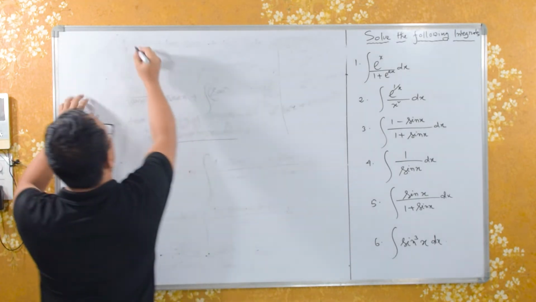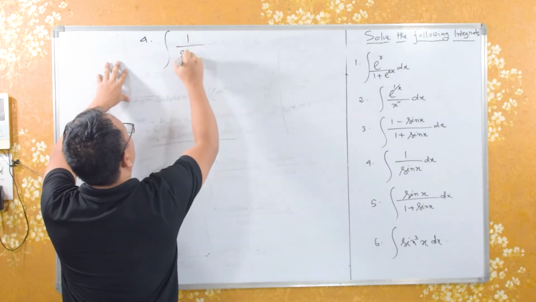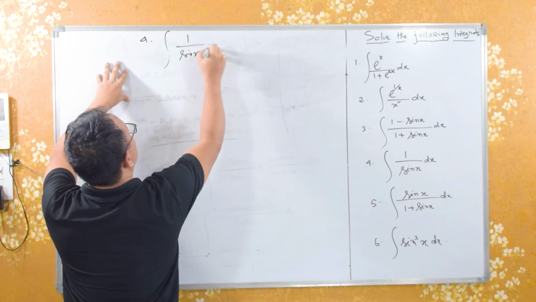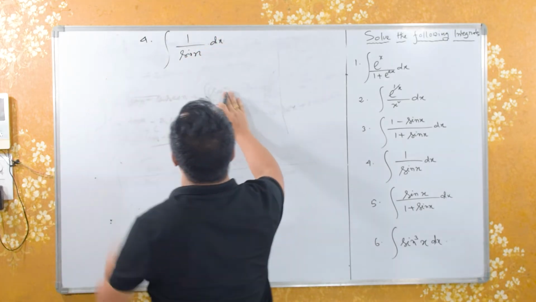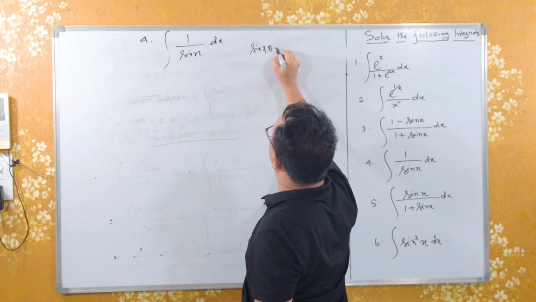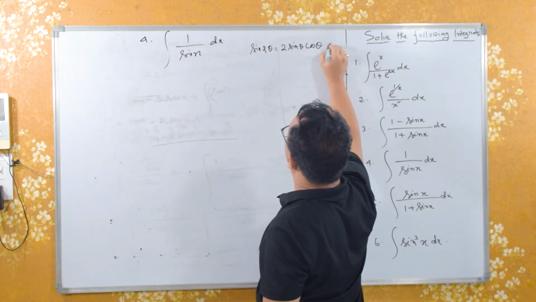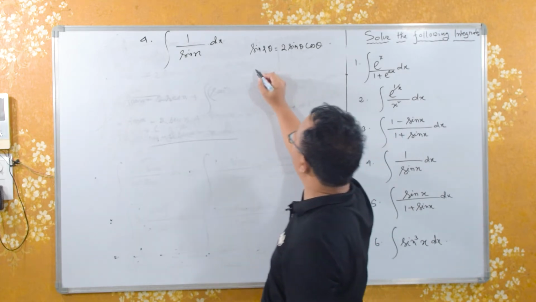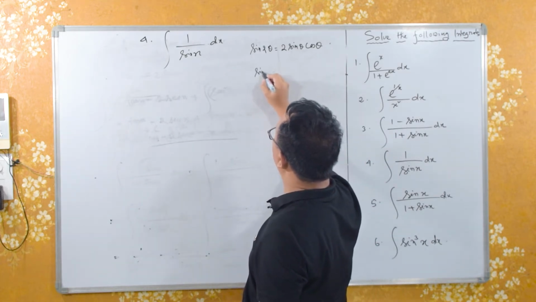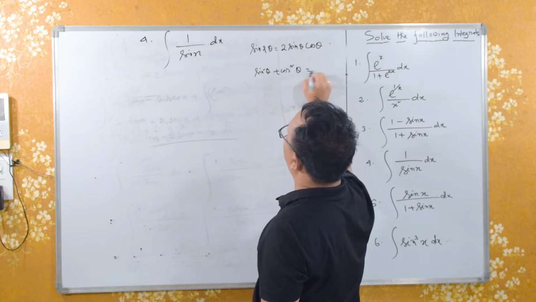Let's try to solve this one. Number 4 is integral of 1 upon sine of x dx. Now we have sine of 2 theta equals 2 sine theta into cos theta. We have this formula, as well as the identity sine square theta plus cos square theta equals 1.